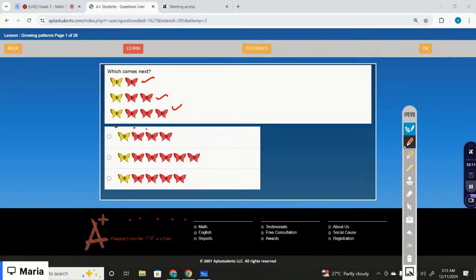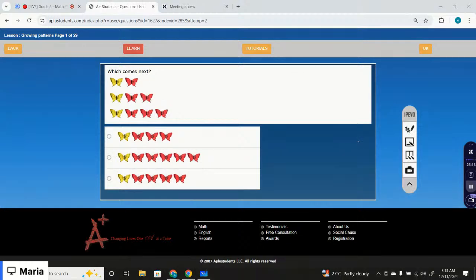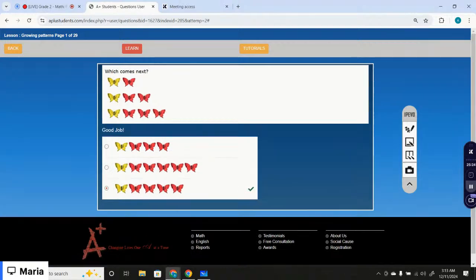The correct option is you must have one yellow butterfly and four pink butterflies. Option number three is the correct option because the pink butterflies are growing. So that must be option number three. Got it?